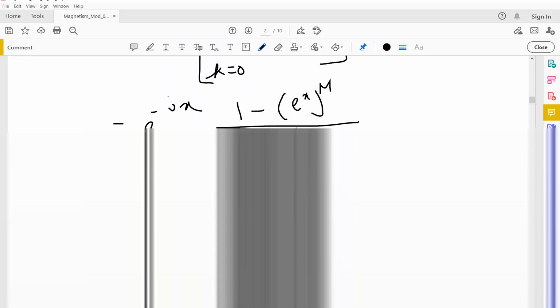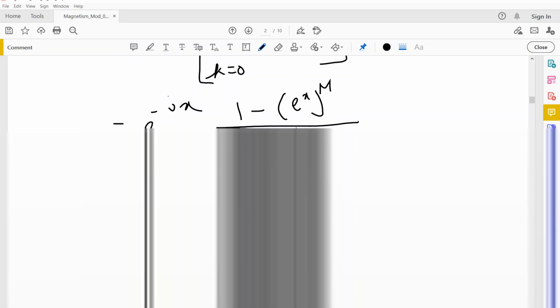So this is like ln of a by b, and ln of a by b is nothing but ln a minus ln b. So we have ln sinh of (J plus half) x, that's ln a, minus ln sinh of x by 2. So we want to differentiate this term.